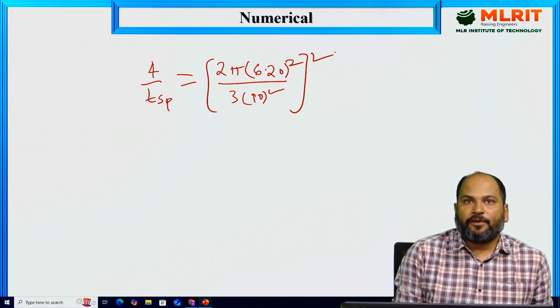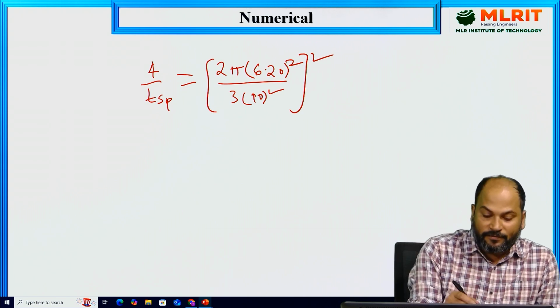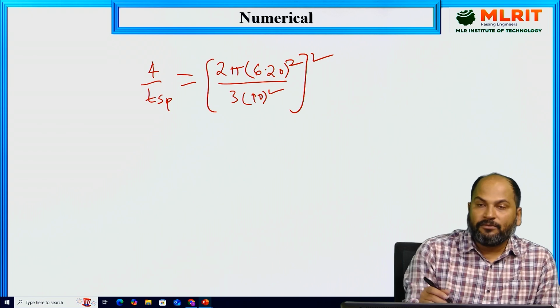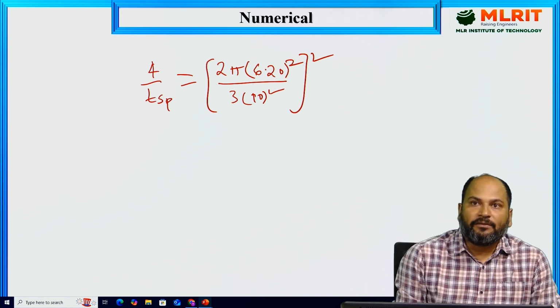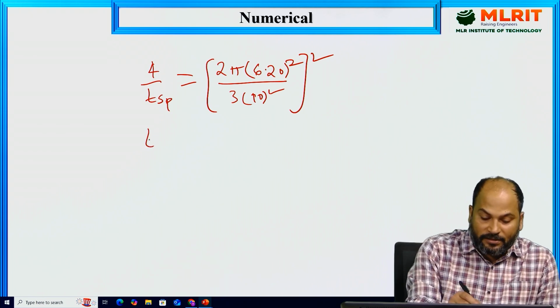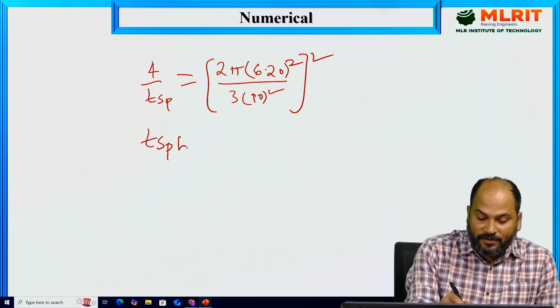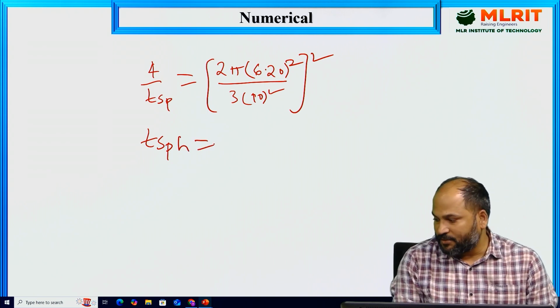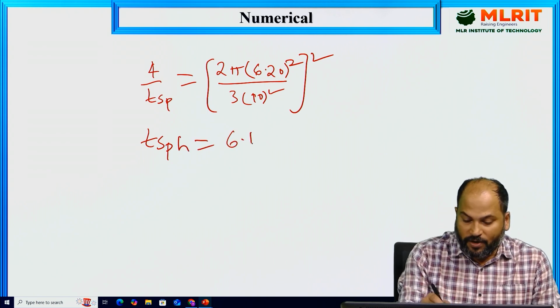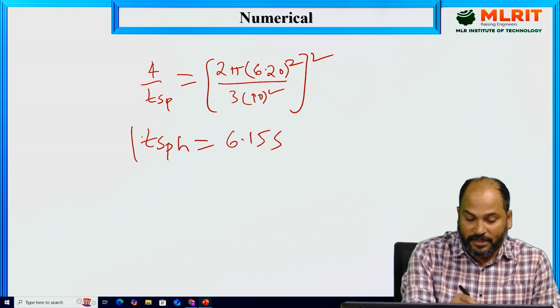Okay, so from here we have to find out the value. We will calculate all these things, and once we calculate, we will get the value of the solidification time for the sphere. After calculation, we will get this value, 6.15 seconds. That will be the answer.